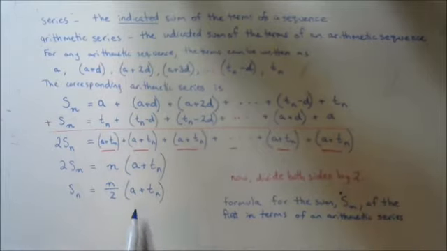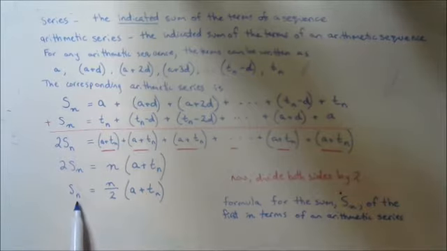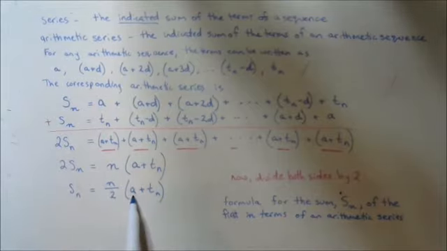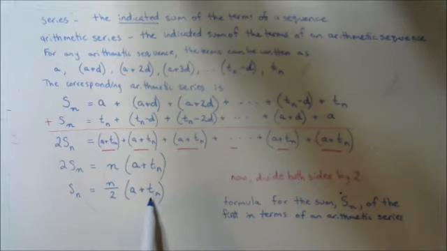Okay, so this is one formula that allows us to find the sum of the first n terms of an arithmetic series when we know the number of terms, the first term, and the last term.